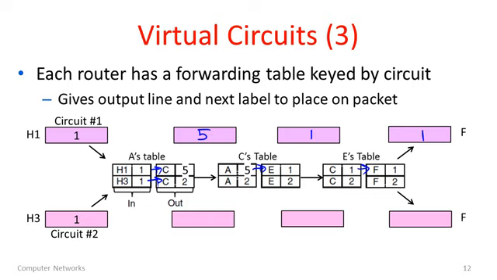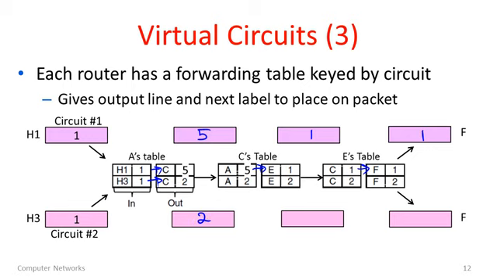Now, the traffic from host 3 comes in with circuit identifier 1 to A. A has different input lines for host 1 and host 3, so it knows which one is which. When it gets circuit identifier 1 in from host 3, its instructions in its table here, and this is just one example, you could construct many different tables, are to send this packet onwards to C with circuit identifier 2. So we'll change the 1 to a 2, send it on to C.